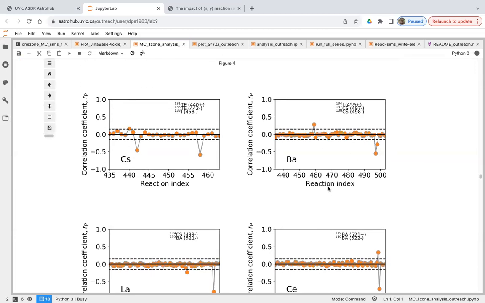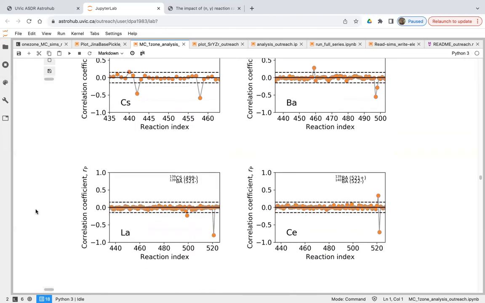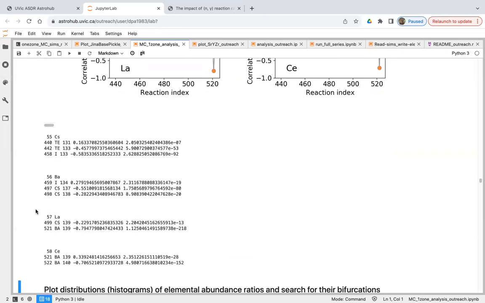For instance, for barium, the strongest negative correlation is the second one, which is cesium-137 and gamma. To help to understand, these plots are followed by a table, which shows correlation coefficients for these 4 elements.